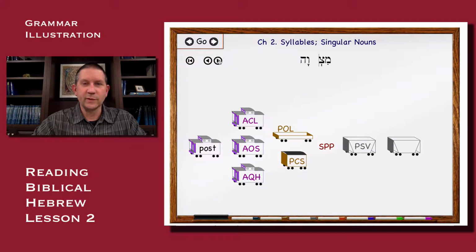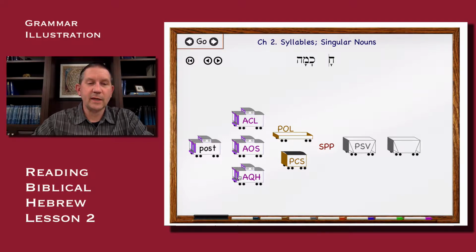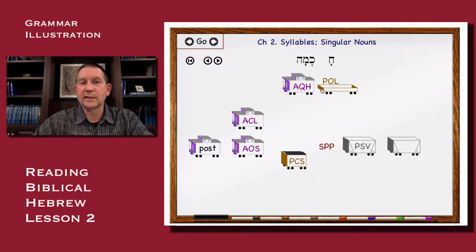Okay, let's put the cars away and do another one. Now we've got an issue. Where are we going to divide this, and how are we going to analyze it? If we have this, we have accented kametz hey, no problem. And we have pre-tonic open long, no problem.